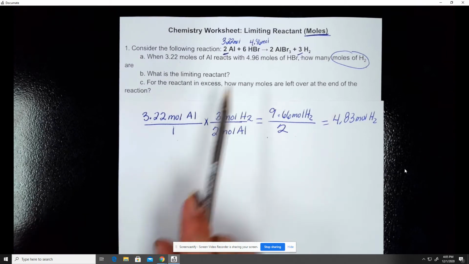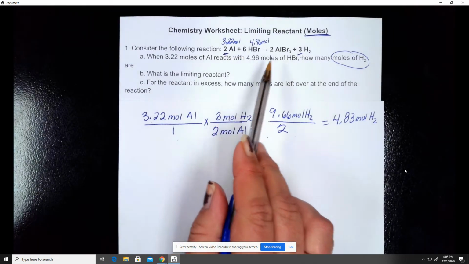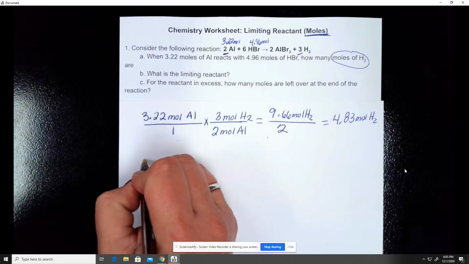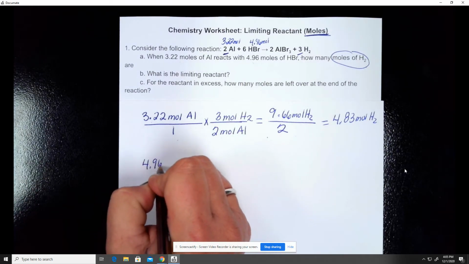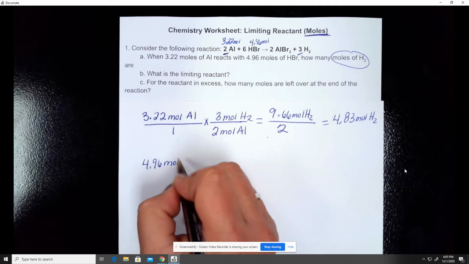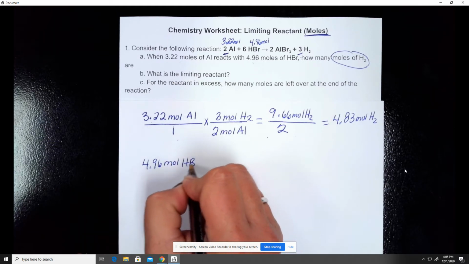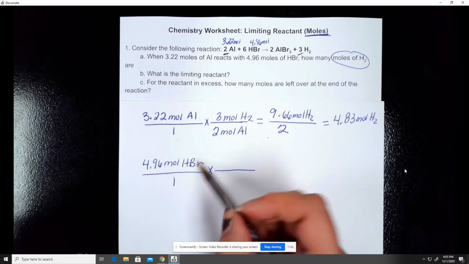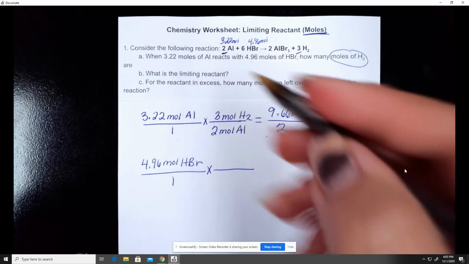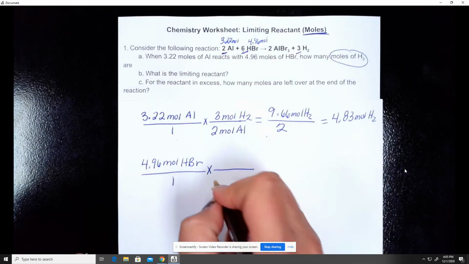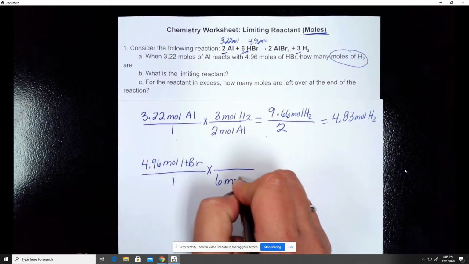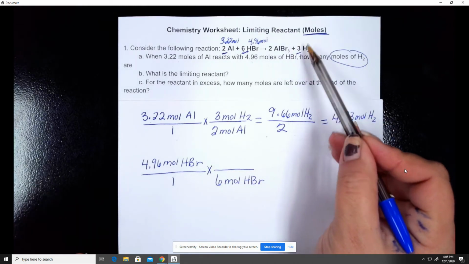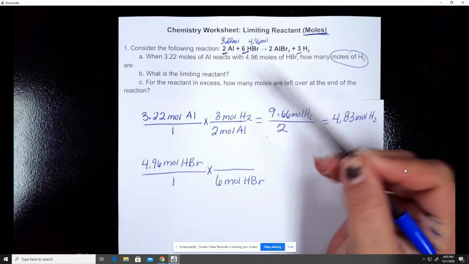Now, I have a second given, so I'm going to do the same thing. Now I'm going to use 4.96 moles of HBr. I'm going to do a mole ratio again between HBr, and this time I have 6 moles. It's going to go on the bottom of my train track. And I'm still looking for hydrogen if I'm going to start off with that much hydrogen bromide.